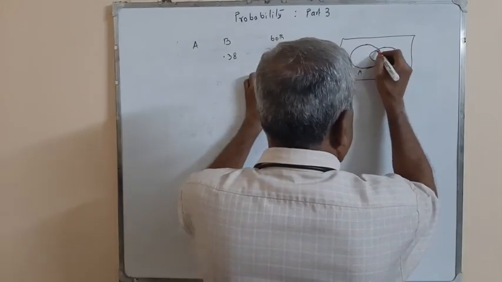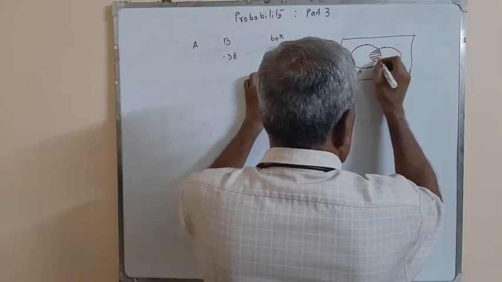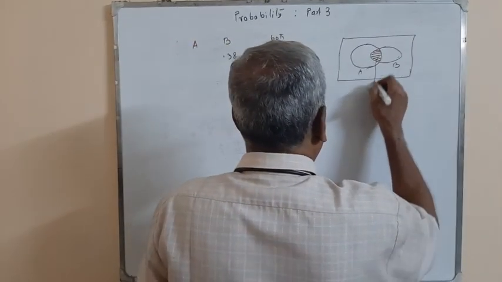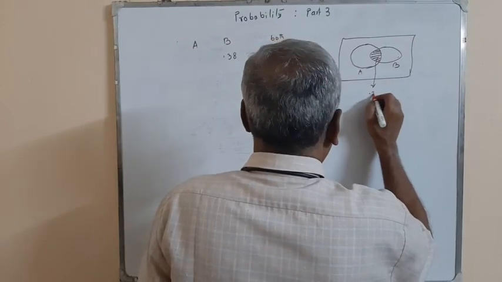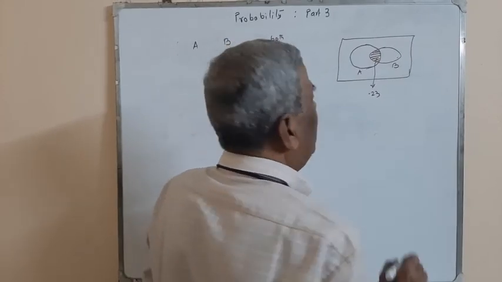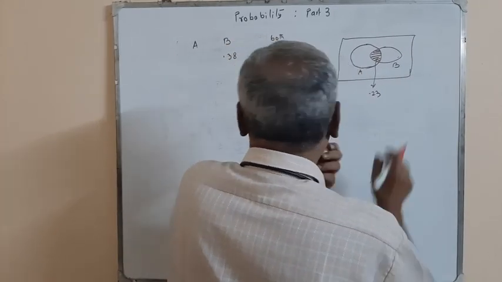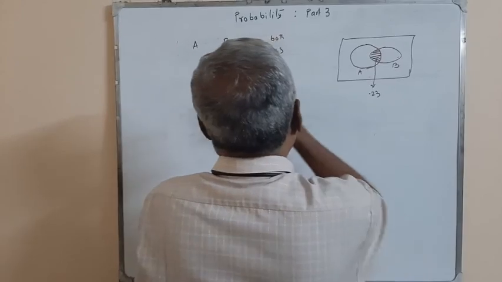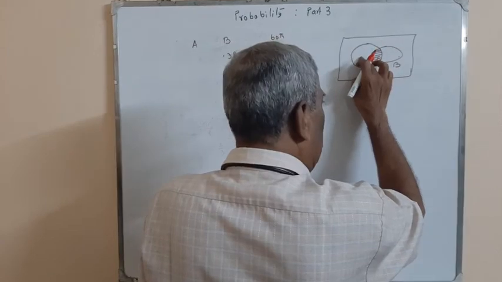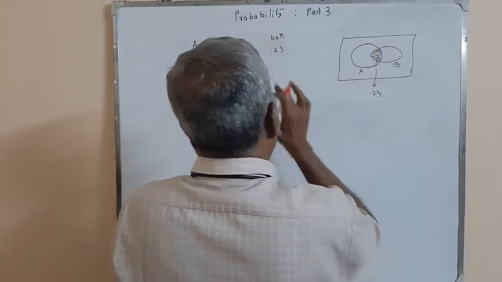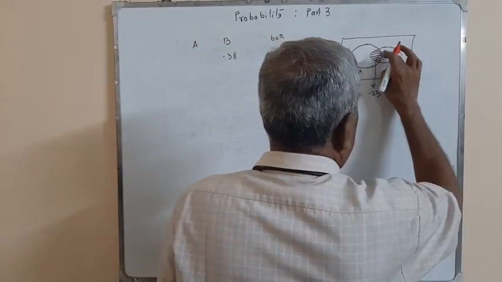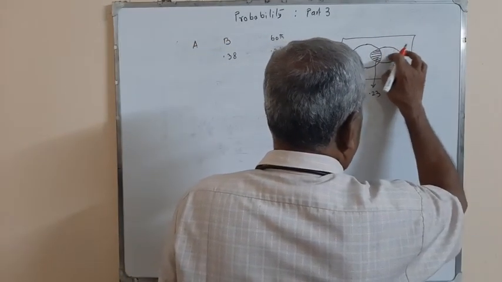That means this space is common for A and B. So this is actually 0.23. This is the region where B can solve but A failed. And this white part is A solved but B failed. Now we have to find the probability that B can solve but A failed. So we have to calculate probability of that part.